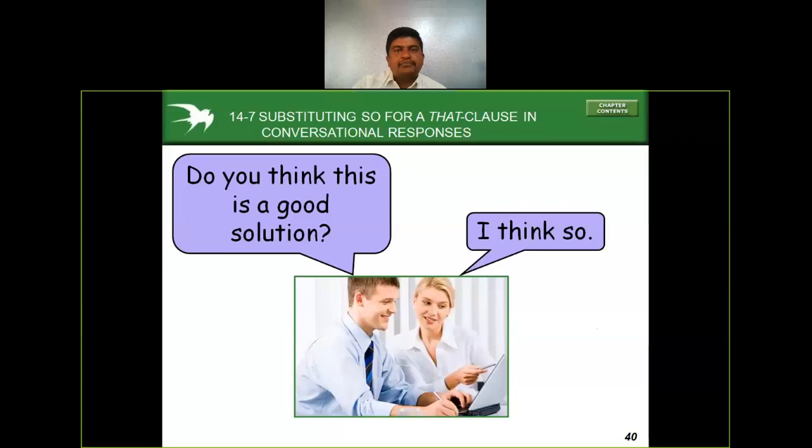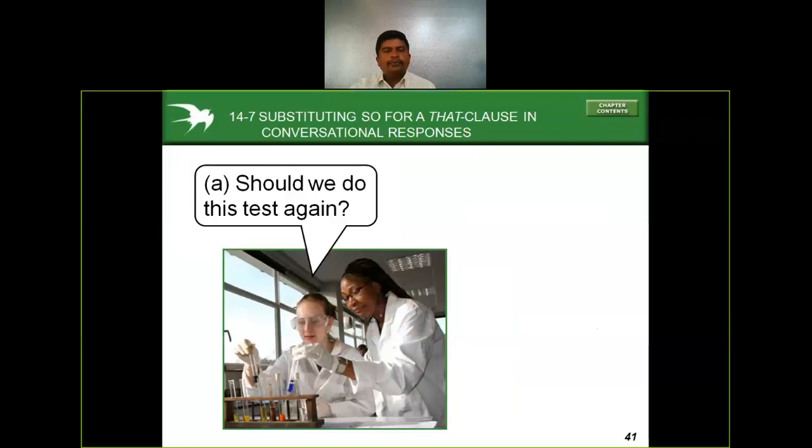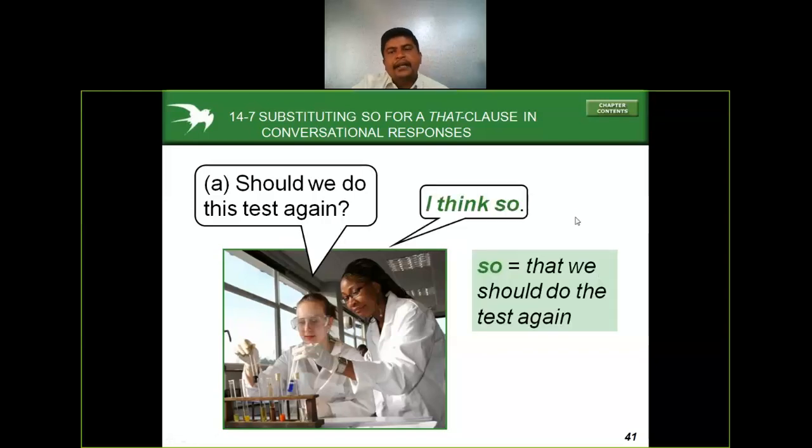Now, substituting so for that clauses in conversational responses. It is just a quick conversation between two people. Do you think this is a good solution? I think so. Should we do this test again? Look at the example over there. I think so, so that we should do the test again.